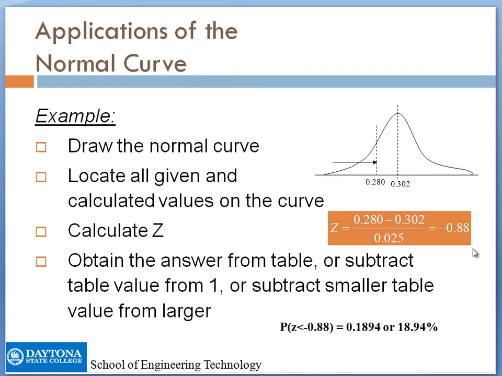So you obtain the answer directly from the table when it's asking for the left side of the observed value, or you subtract the table value from 1 when you're looking for the right side of your observed value, or you subtract a smaller table value from a larger one when you have two observed values and you want to find the probability of being between those two values.